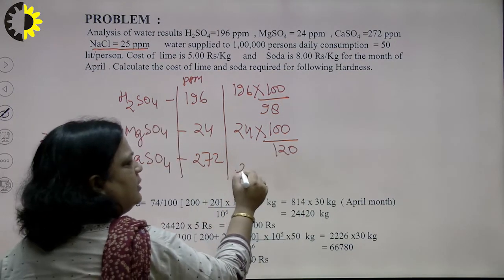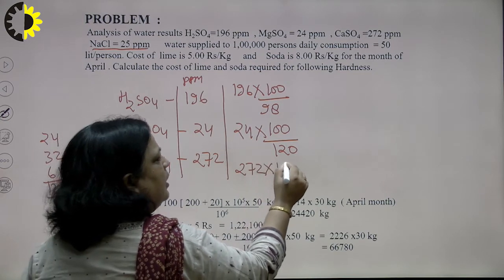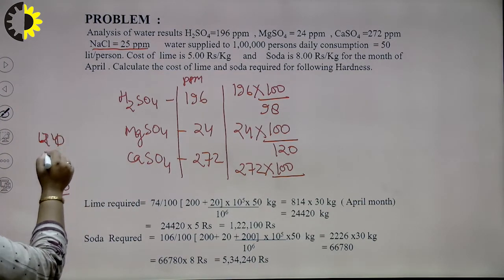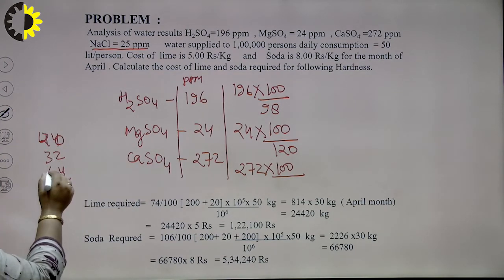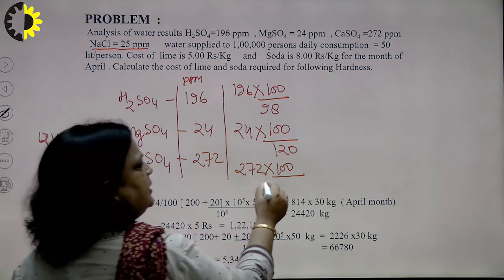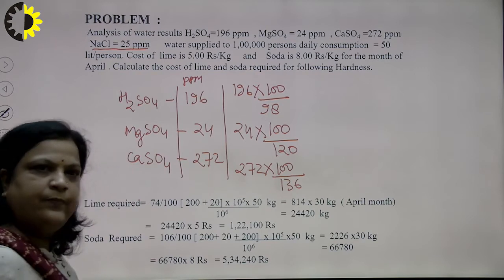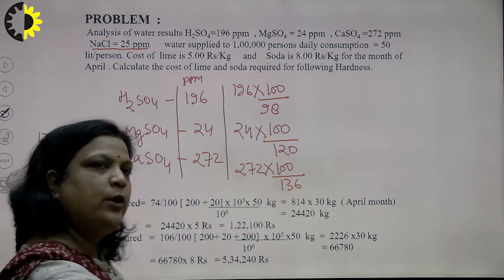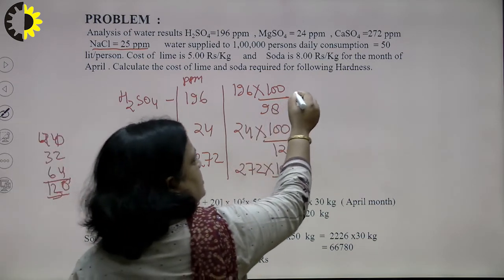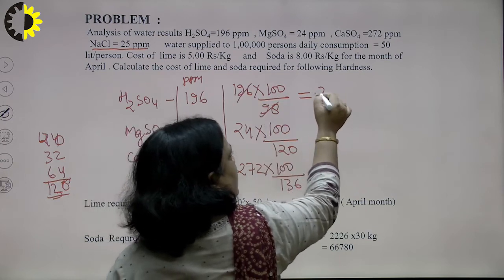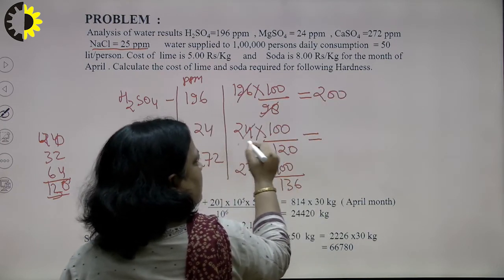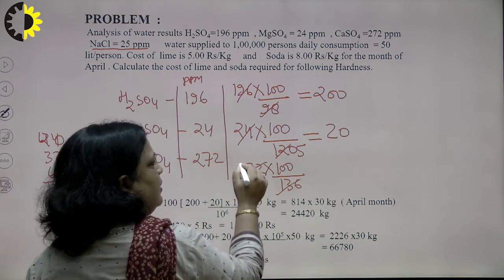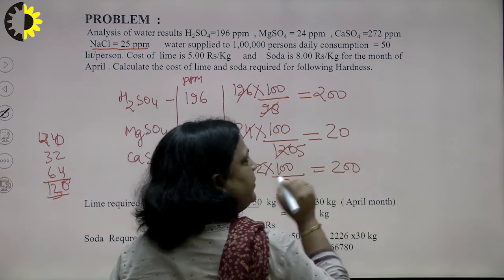Calcium sulphate 272 into 100 upon calcium 40, 32, 64, so it is 136. So, first step is convert this concentration into equivalent to calcium carbonate. So, it comes 200, 20 and 200 ppm.